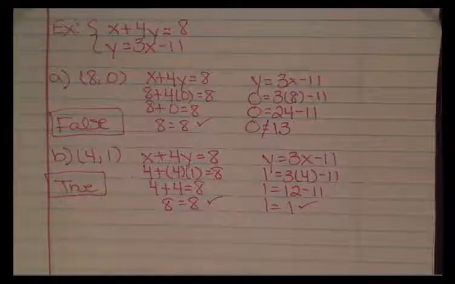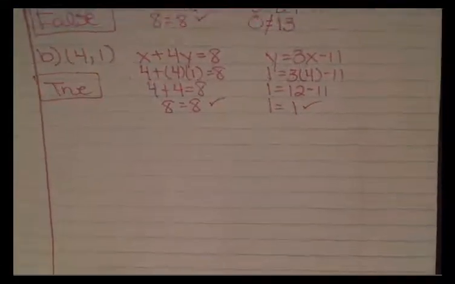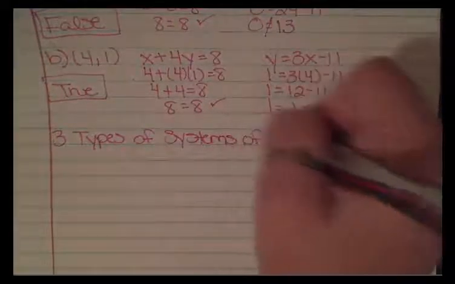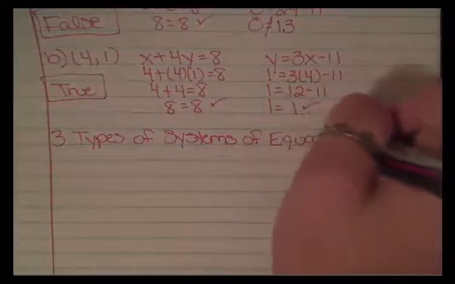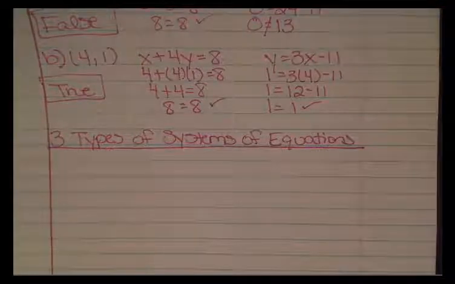Now, when you're dealing with systems of equations, there are three different types of solutions that you can get. And so I want to show you all three of those. Three types of systems of equations. Okay, the first type, I'm going to draw a little graph for each of these.